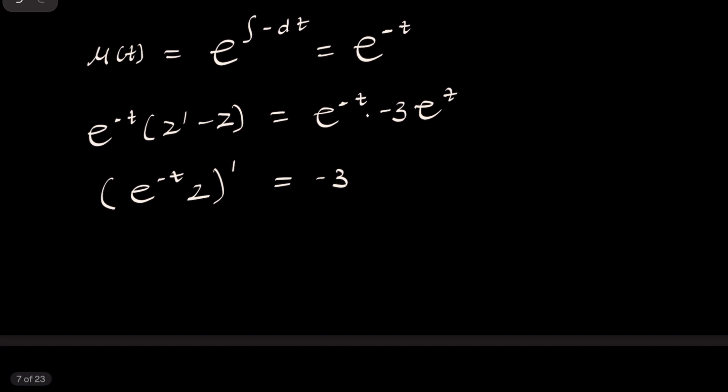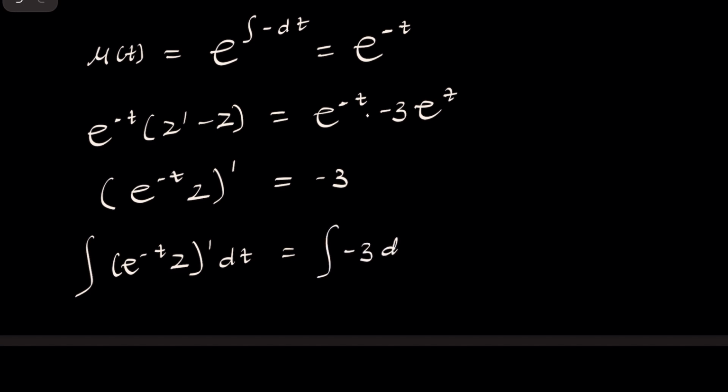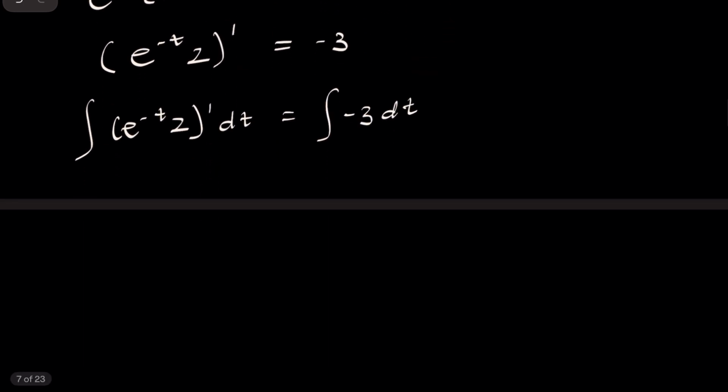Then we now integrate both sides. So we are going to have the integral of the derivative with respect to t of e^(-t) z, dt, is equal to the integral of minus 3 dt. So the left hand side will be e^(-t) z, and the right hand side will be minus 3t plus a constant c.